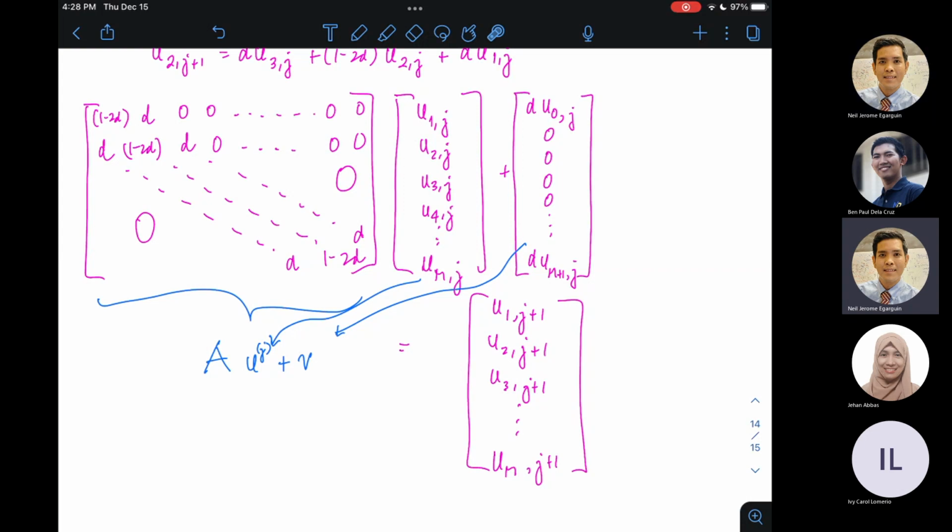And then this vector also depends on J pala. So let's call it V upper J. That's the vector containing the temperature data at the boundary points at all discretization moments in time. And this is equal to this vector U upper J plus 1.